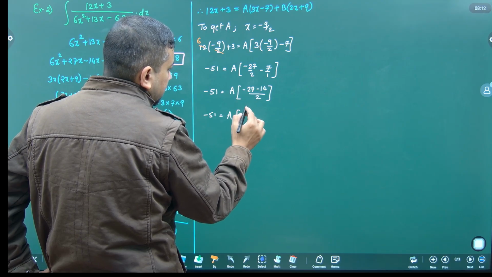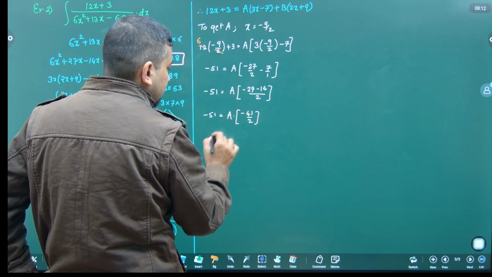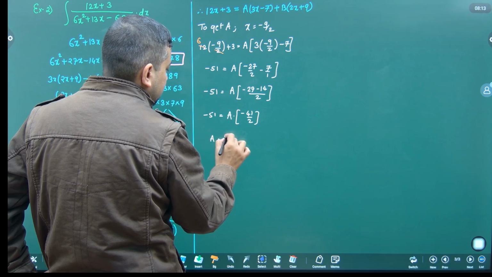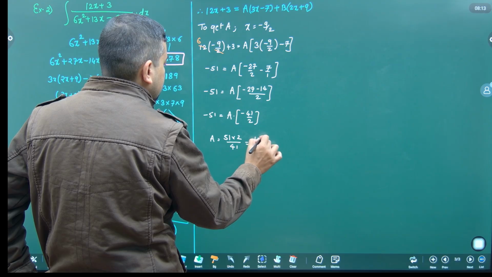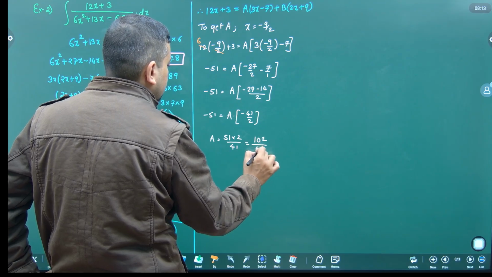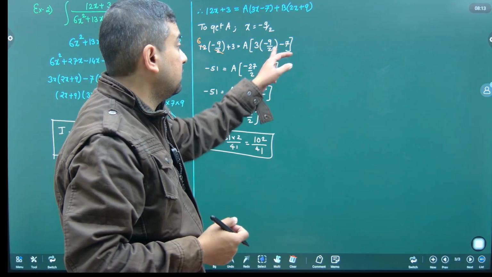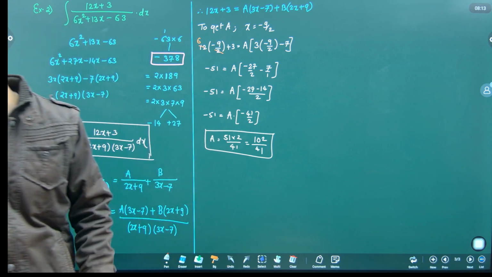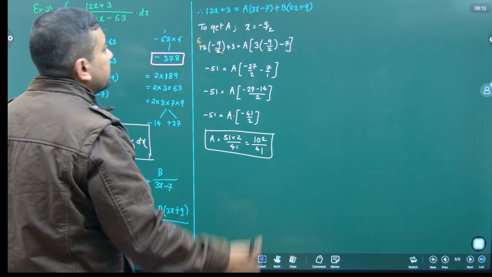This will be minus 41 by 2, correct? Now the minus will get cancelled, and A will be 51 into 2 by 41. So it will be 102 by 41. Now it is correct. We had missed out the 7. So this is how you will find A.